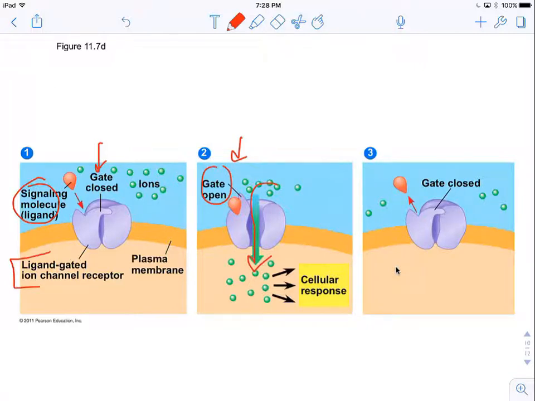It's usually a very, very small channel so that something like a sodium ion can truck on through. Then the influx of ions will trigger some kind of cellular response. When we get to the response portion, we'll talk about what those responses can be. Once the response happens, the ligand is released and the gate closes back to its normal position.